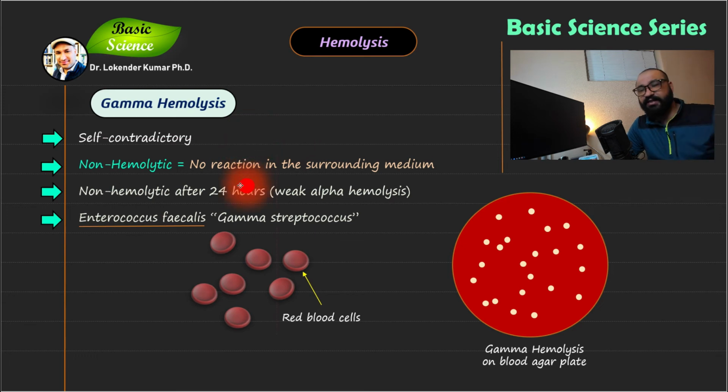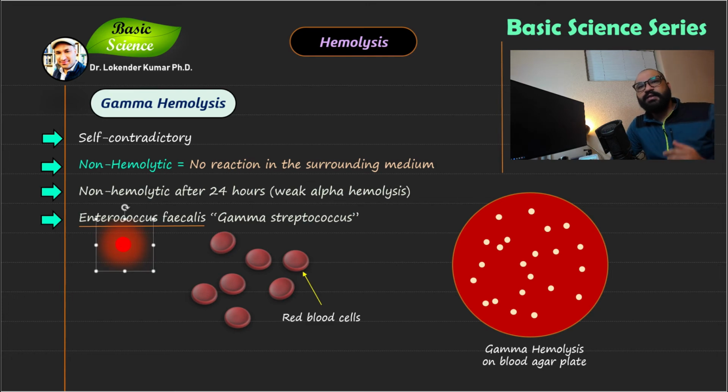But anyways, right now, gamma hemolysis means that there is no zone of hemolysis up to 24 hours, and this particular gamma hemolysis may show some reaction or a weak alpha hemolysis after 24 hours. An example in this case is Enterococcus faecalis.